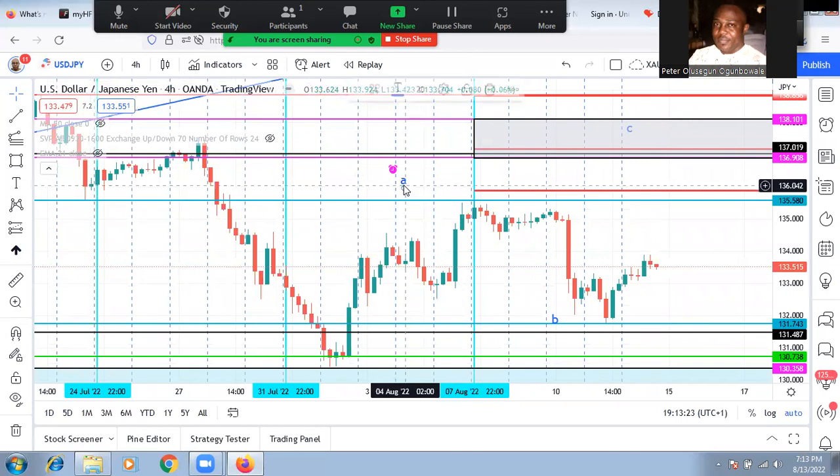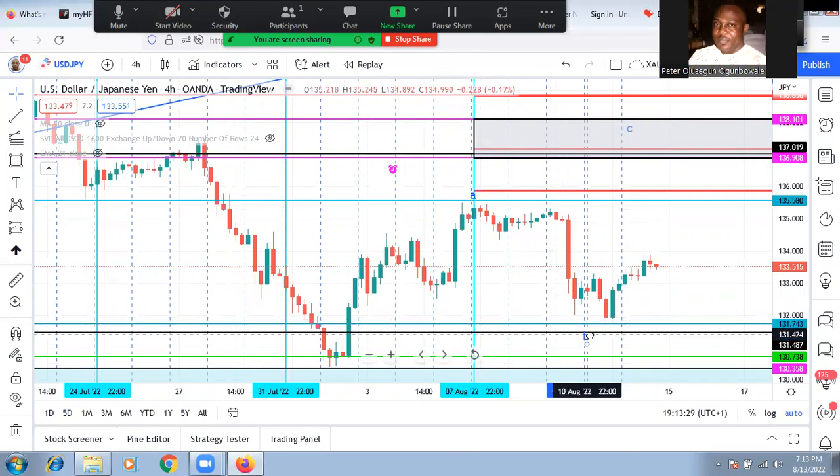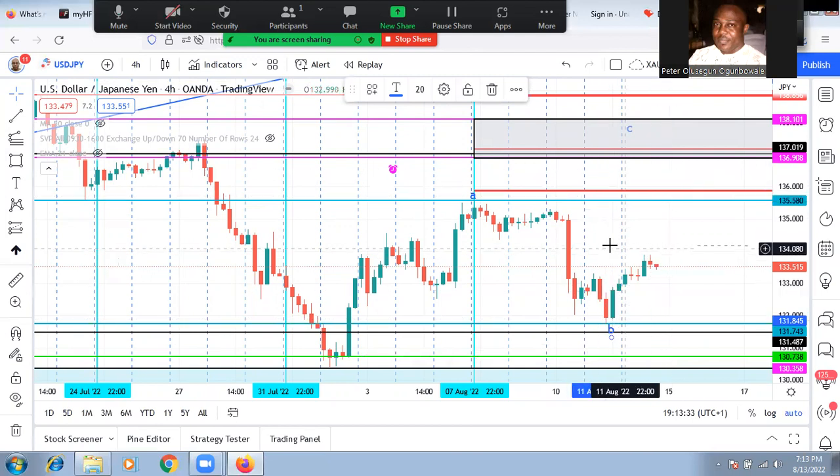We are seeing this structure as an A, and this structure will be a B so far, and we can finish up. And it may still come down, really. This correction may fail and it may break down.